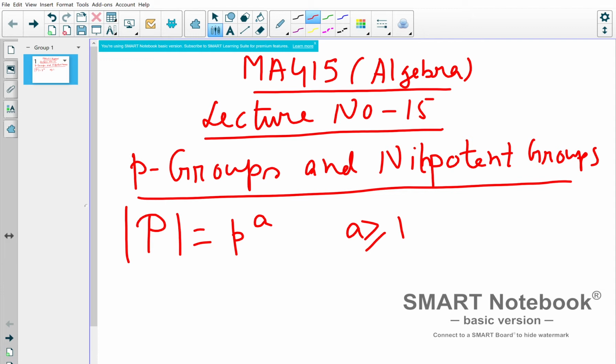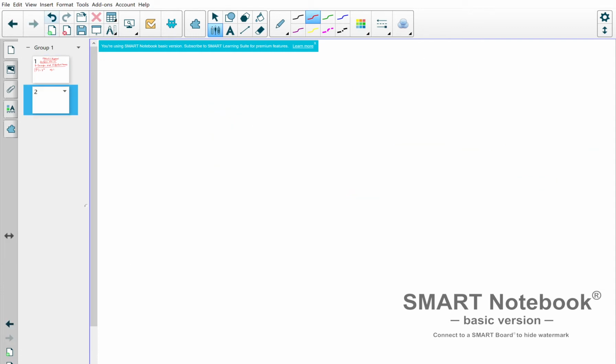So these are p-groups. They have lots of nice properties. Let us first understand a few of these properties, and then we will come back to the special definition of a nilpotent group.